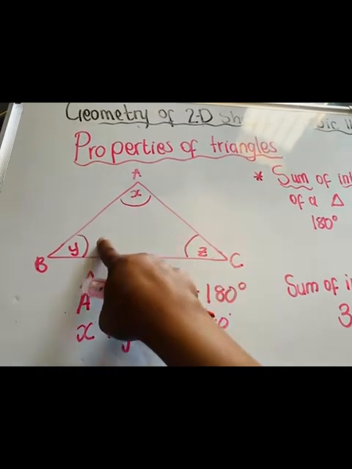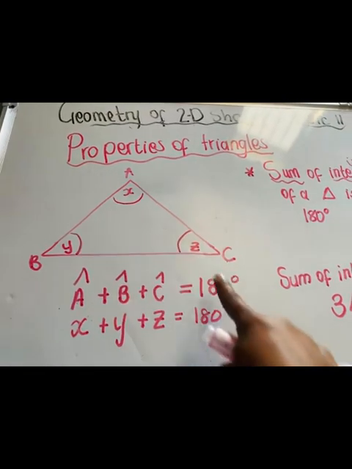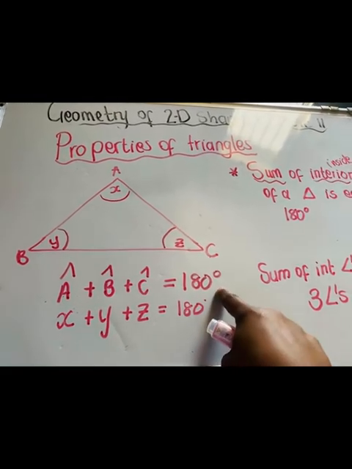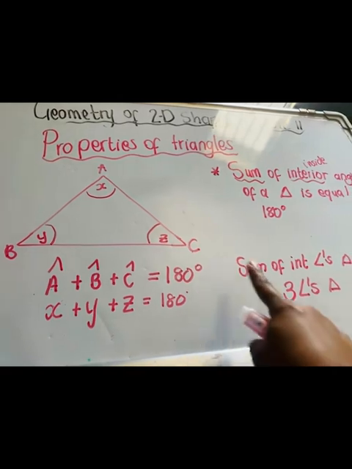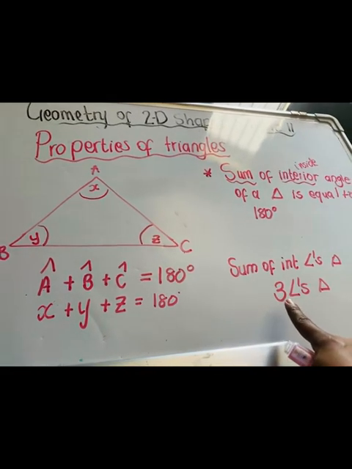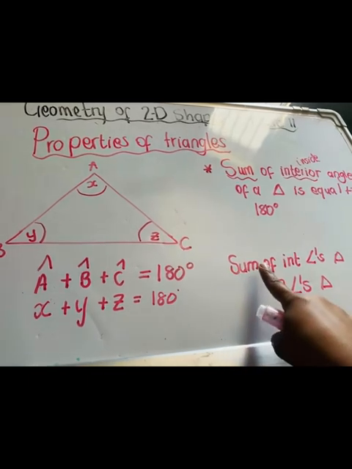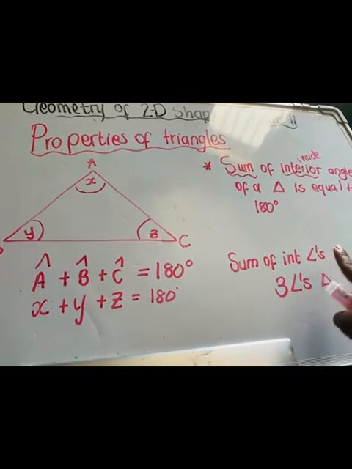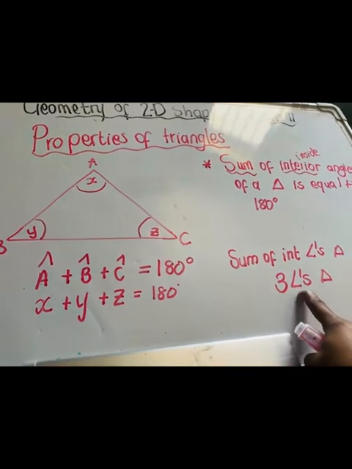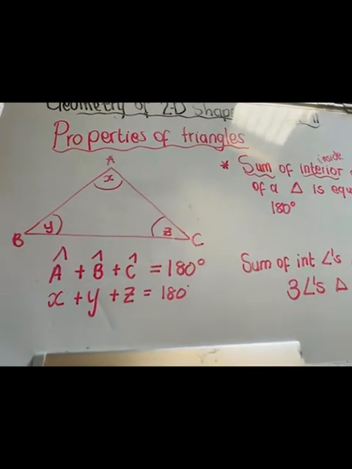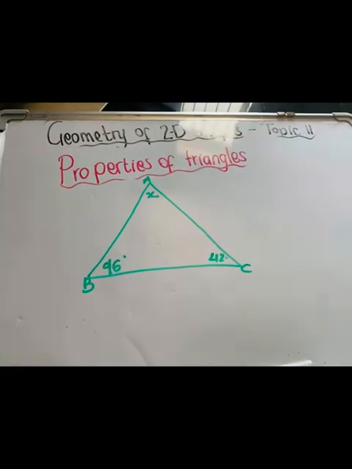Now, these 3 angles, when I add them, they must give me 180 degrees. And whatever statement I am stating, I also need to put a reason. So you say the sum of interior angles of a triangle or 3 angles of a triangle, and that will be correct.